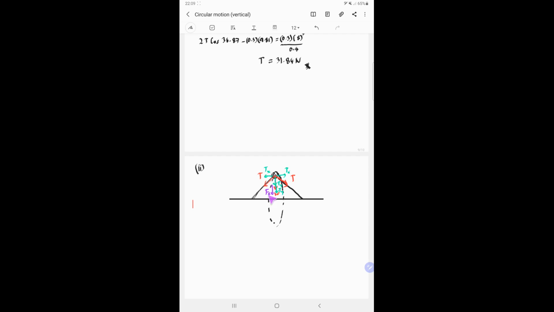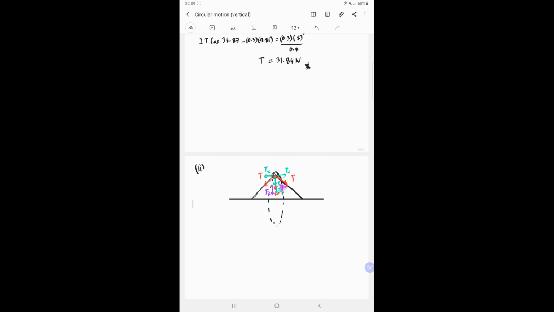There are three forces, which is Ty, Ty and W. At the same time, this is Fc. So Fc is directed downward, which is towards the center of the circle. This is the circle, so this is the center of the circle. So Fc is downward. At the same time, Ty and W are also directed downward.